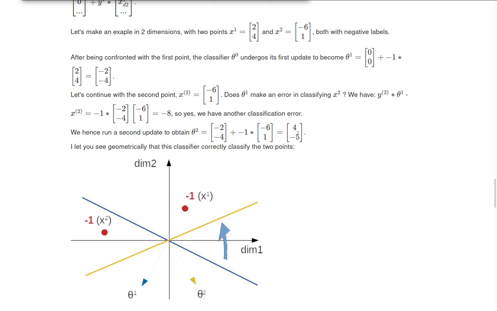So in total, theta 2 will be 4 and -5, and it is this one depicted here. And you can see geometrically that at this point the classifier correctly classifies both points in this sample.